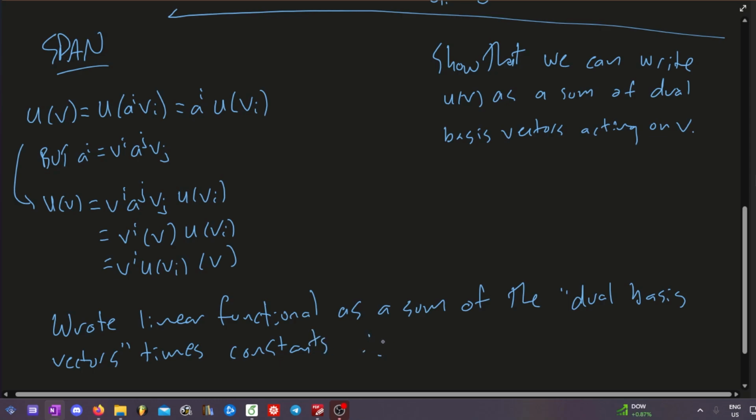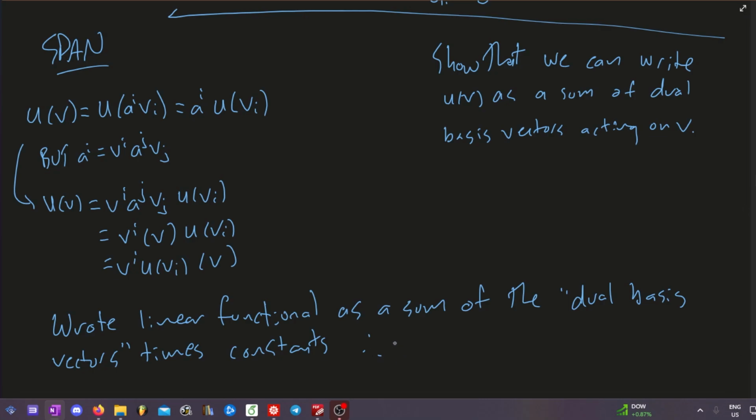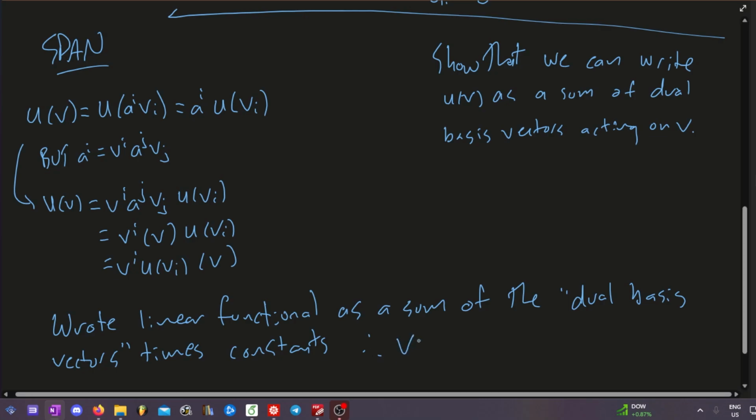Therefore, the v^i span v star. And that's it. That's all we have to show for part A here.